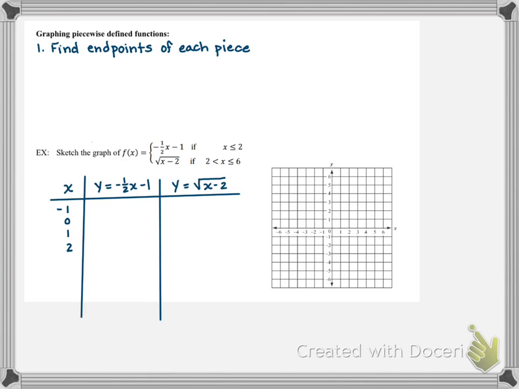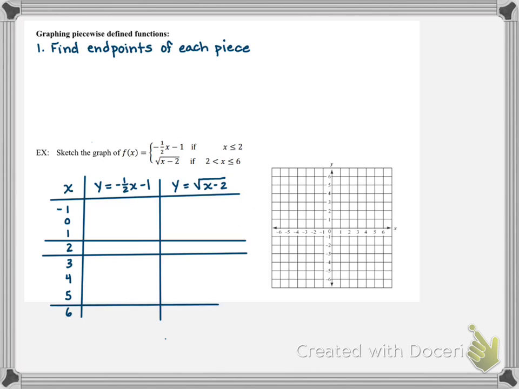And then I have to go up to 6. So 3, 4, 5, 6. And then for my endpoints, I have one at 2 and then I have one at 6. And I always separate those out because that's where the interesting stuff happens.